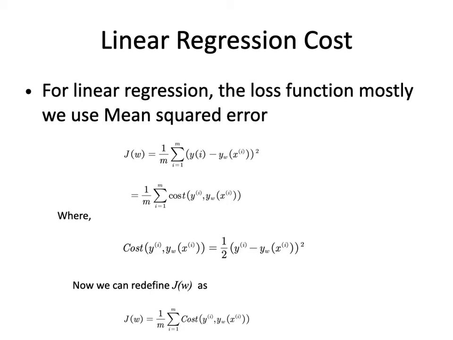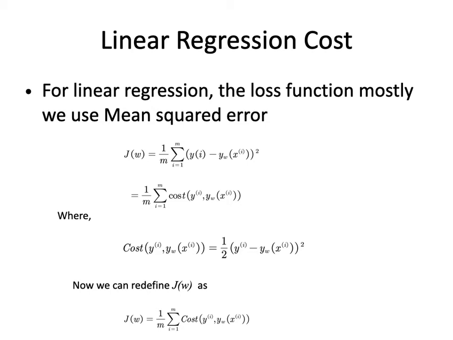And this is the cost we want the learning algorithm to pay if the outcome, that is y(w)(x), the predicted value, and the actual value y are far from each other.